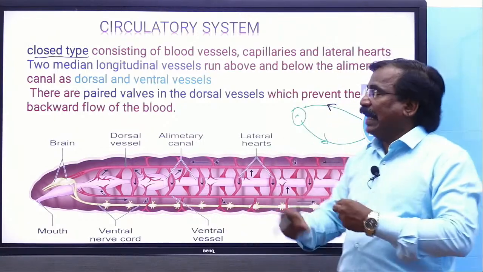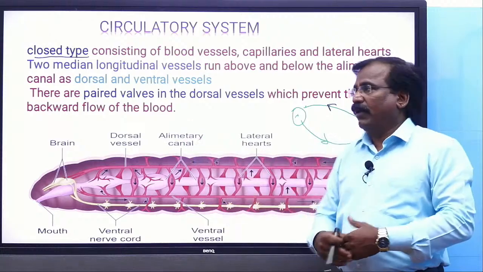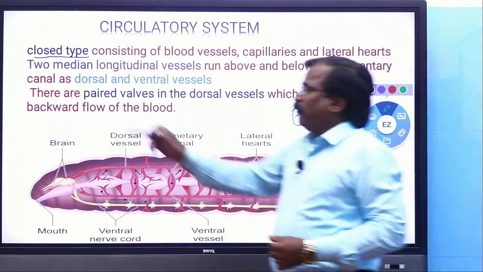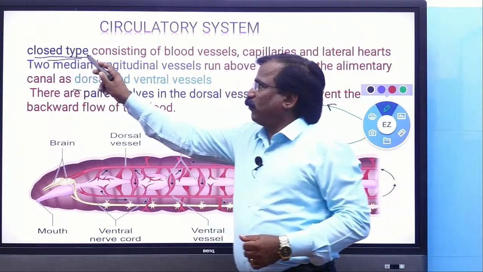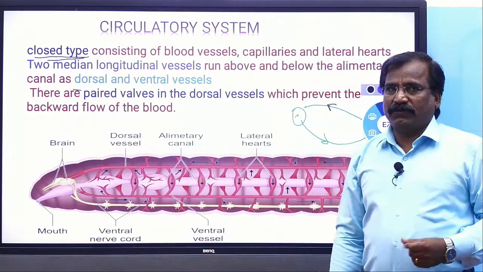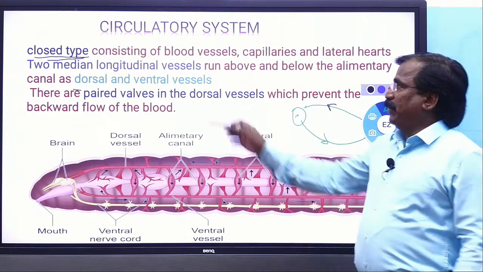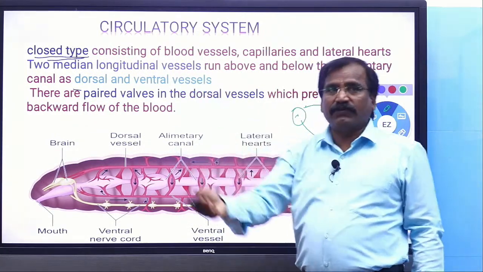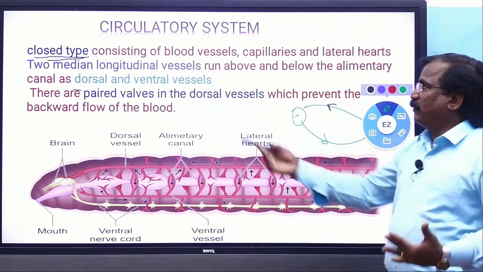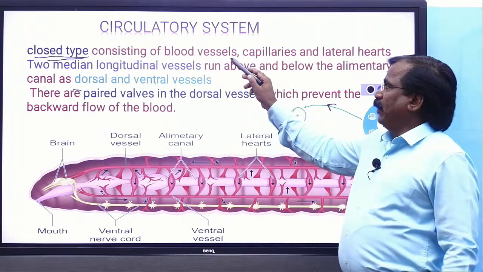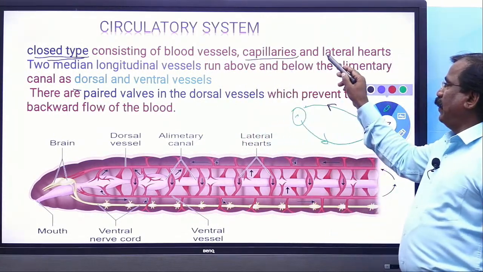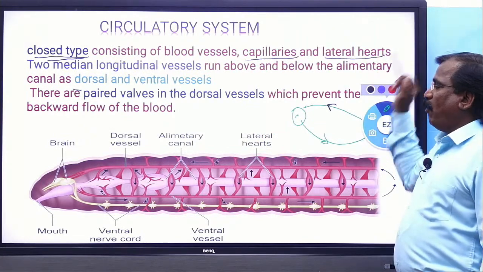The blood vessels carry the blood to the various parts of the body. That type is called a closed circulatory system. We also have a closed circulatory system. That means the blood runs inside the blood vessels, namely the capillaries and lateral hearts.